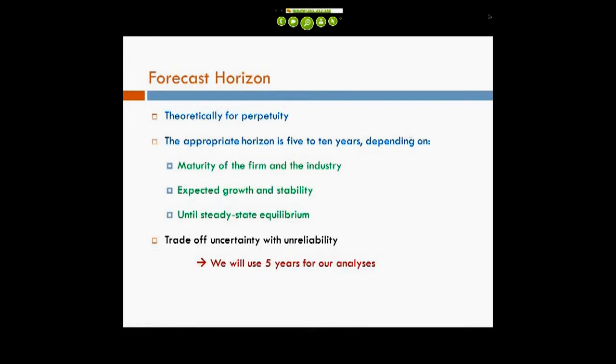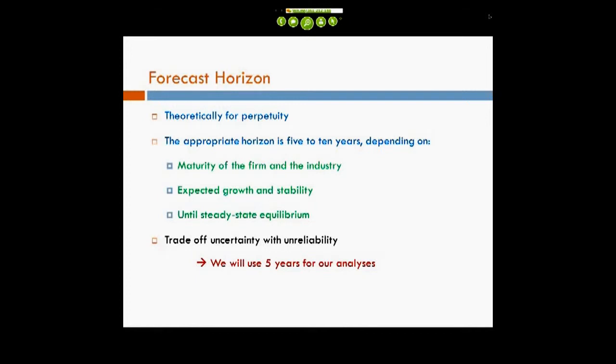So the forecast horizons for perpetuity, generally speaking, it's from 5 to 10 years. We're going to do 5. And that 5 to 10 year forecasting horizon is based upon the maturity of the firm and the industry. The less mature, the further out you want to try to forecast because you don't know what the steady state is going to be.